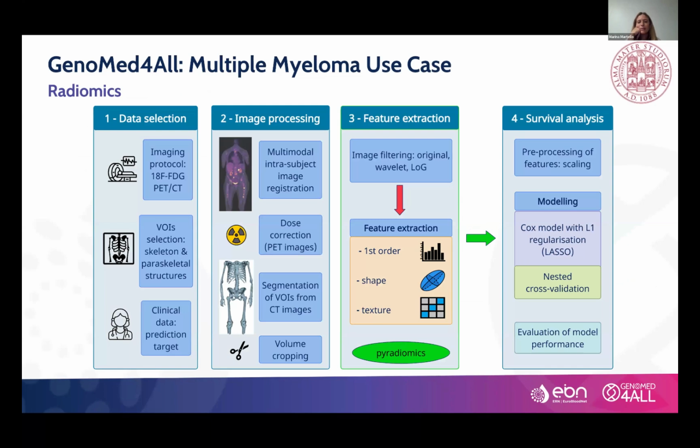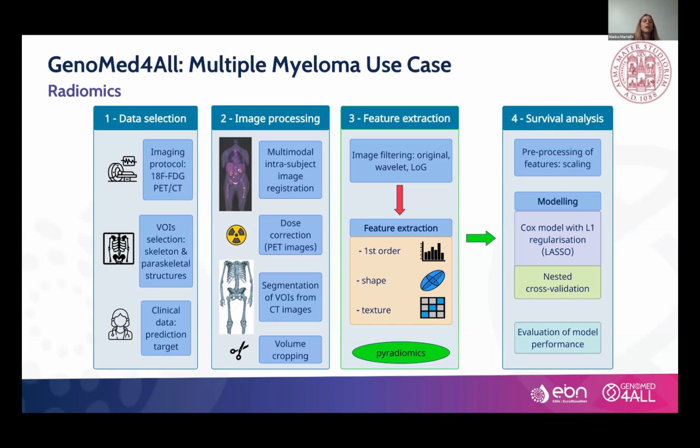The last set of results obtained in the context of the GenoMed4All multiple myeloma use case regarded radiomics. In this last part of the project, data have been produced by the University of Bologna and the group of Professor Castellani, and the process of data analysis has been illustrated in this schema.